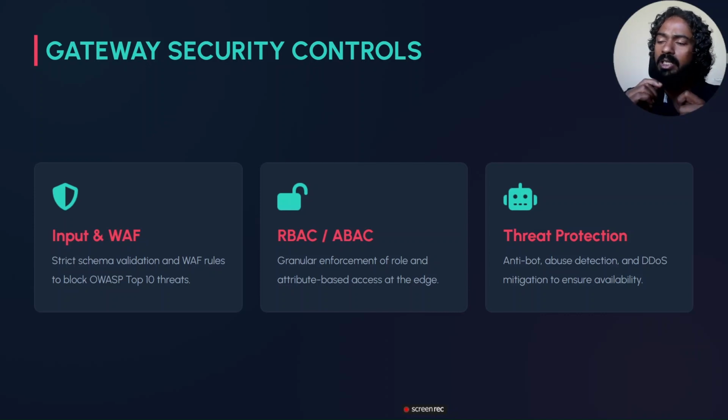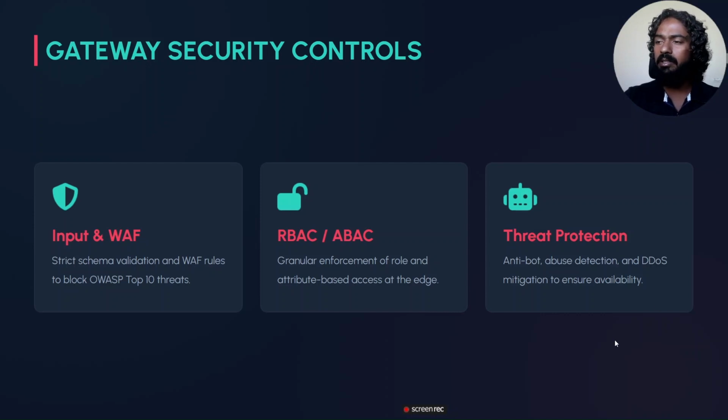You're checking whether the gateway is the only enforcement point or if the organization is relying on microservices to repeat the same controls, and whether a user can directly reach out to a service. In that case, having an API gateway doesn't make sense. So you have to check that. And your job is to make sure the only things that pass through are clean, validated, and authenticated requests, not some random junk or any malicious payloads. So we need to ensure this as a security architect here.